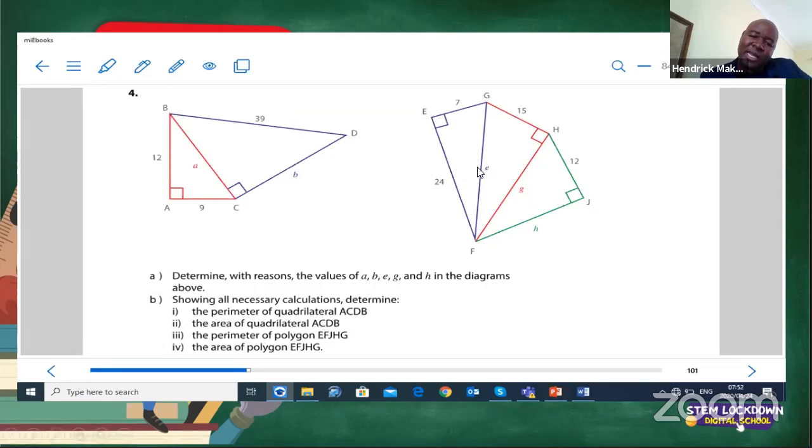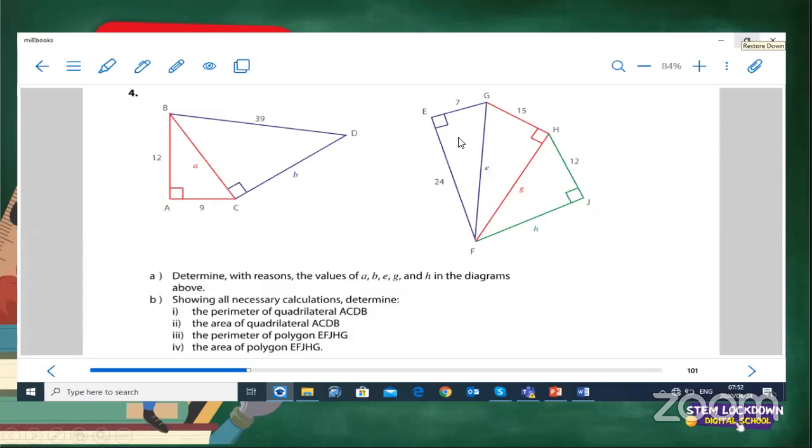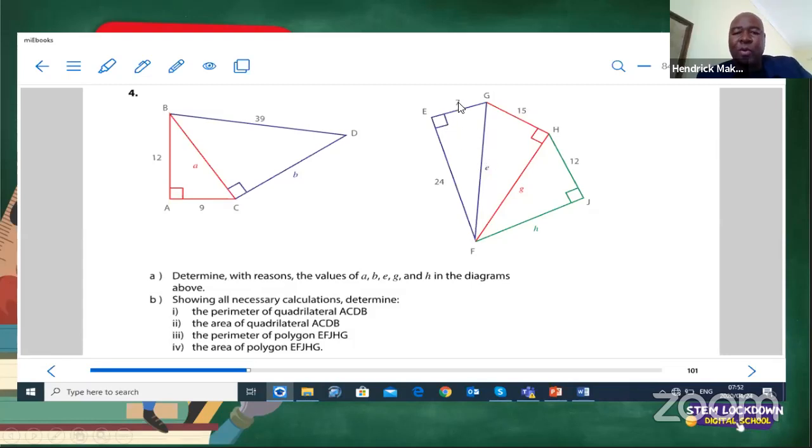You can see that the e there is also the hypotenuse side in triangle EFG, because this side is opposite the right angle. And of course, how would you find it? Again, you use Pythagoras. E squared will be equal to 7 squared plus 24 squared.